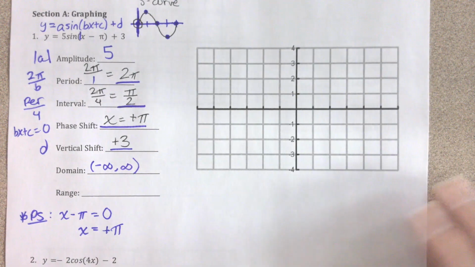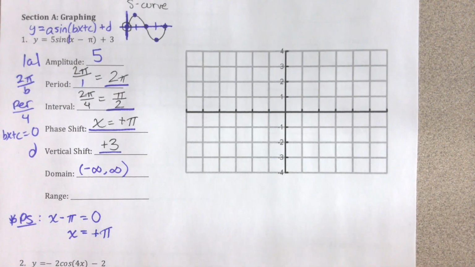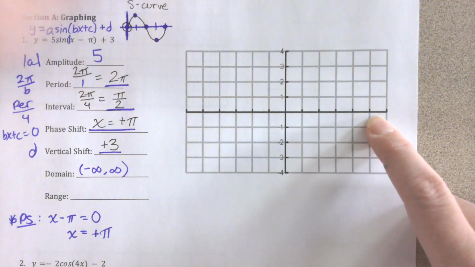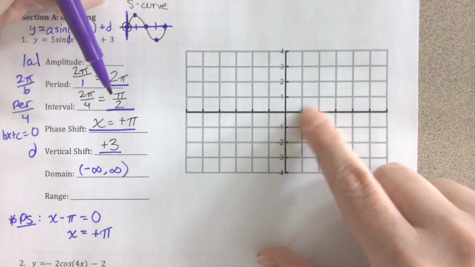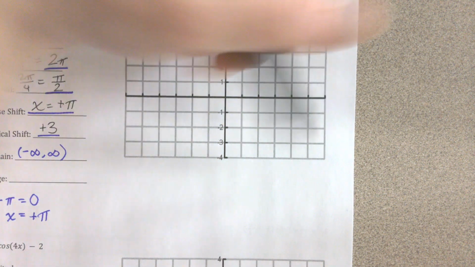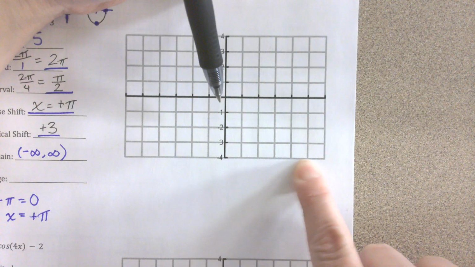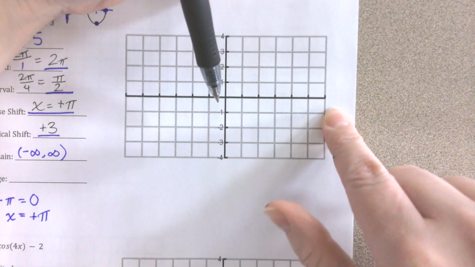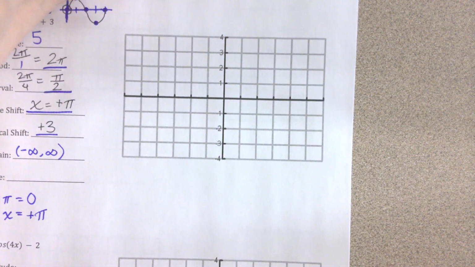Let's set up the graph. So for our x values, that goes by our interval number, which is pi over 2. Now for these grids specifically, I prefer to write my numbers at the bottom just because when I write over top of these lines and then graph on top of that, it gets a little messy. That's just my preference.